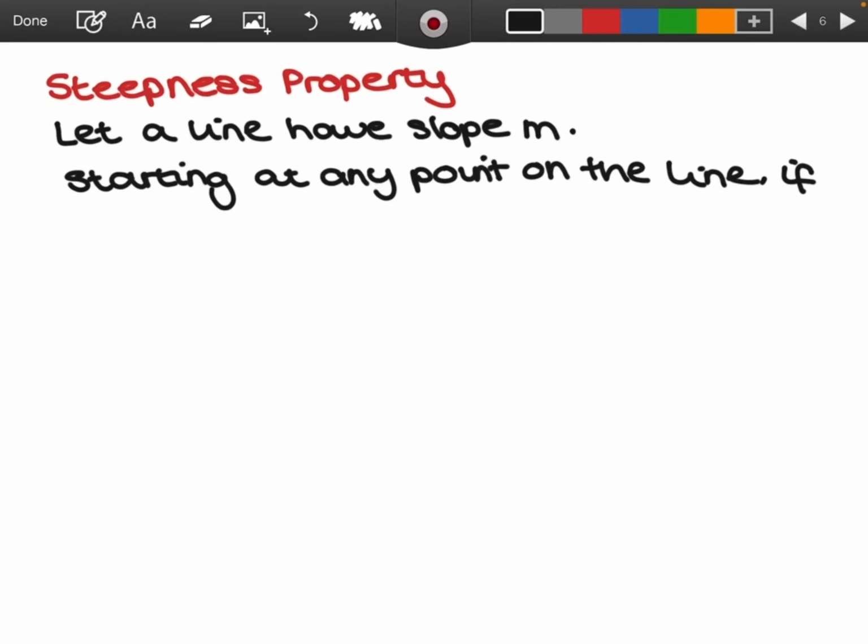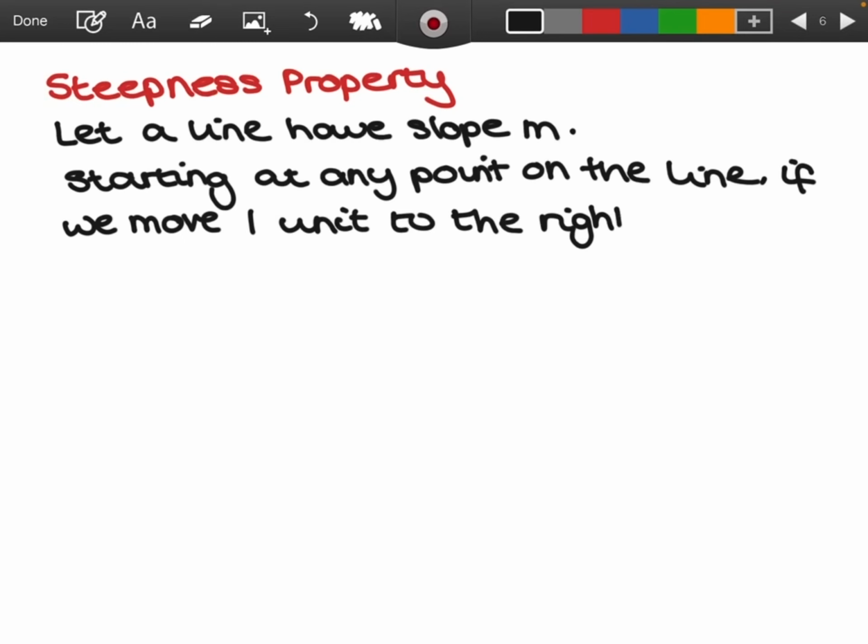We are moving 1 unit over to the right. So if we move 1 unit to the right, we must move m units either up or down. So m units vertically, depending on whether m is positive or negative, depends on whether you'll move up or down, in order to be back on that line.